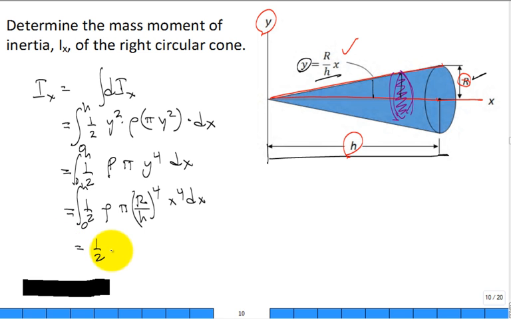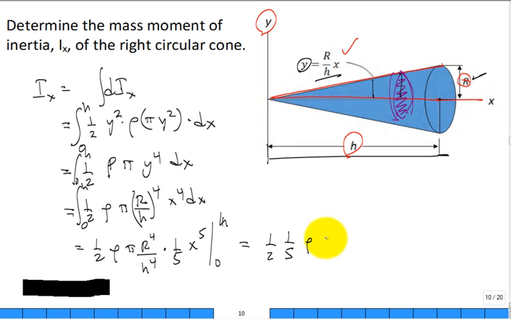So we pick up the 1/2, the rho, the pi, R to the 4th over h to the 4th, 1/5. Then you have x to the 5th, evaluated 0 to lowercase h, true? And so that's going to be 1/2 times 1/5 times the rho, pi, R to the 4 divided by h to the 4.